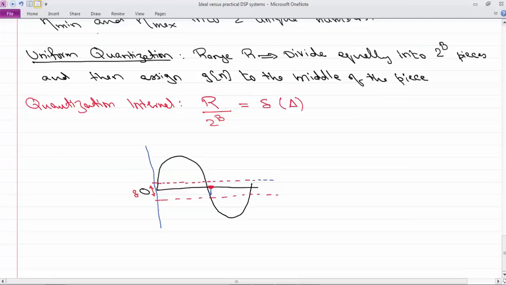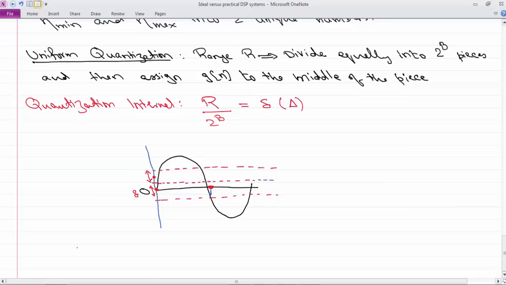There will, of course, be another interval. The next interval will be, again, of size delta from this point to this point. If any value of Gn originally falls in here, everything gets assigned to 0. In the next interval, the value assigned will be the middle of that interval.